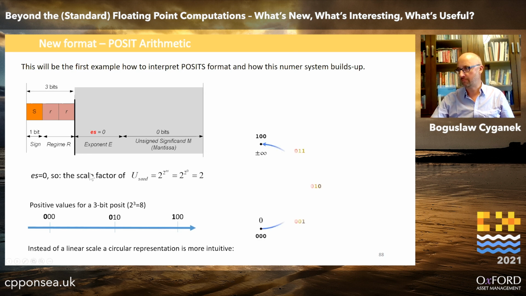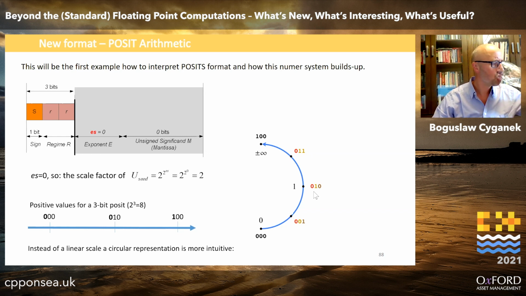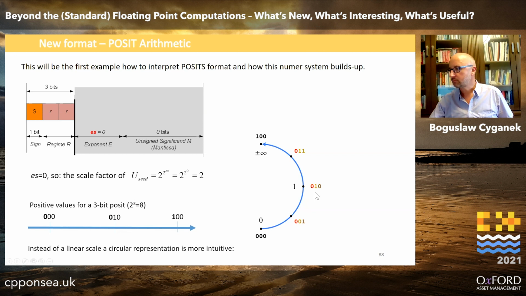But what is more intuitive, as proposed in the paper by Gustafson, is to put the numbers on a semicircle. So what do we have here? First we have 1, 0, 0, so this is infinity, and 0 is 0, so we have 3 remaining values.